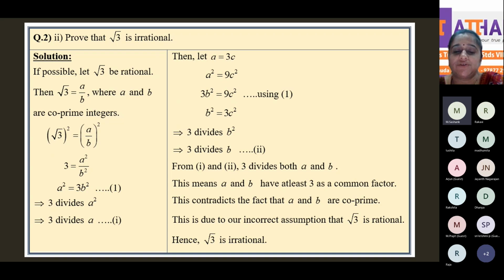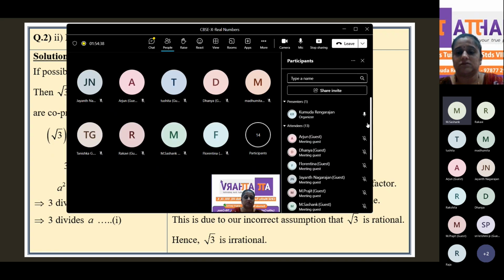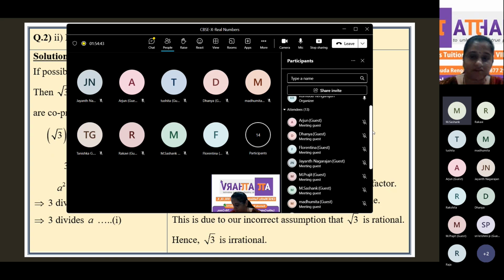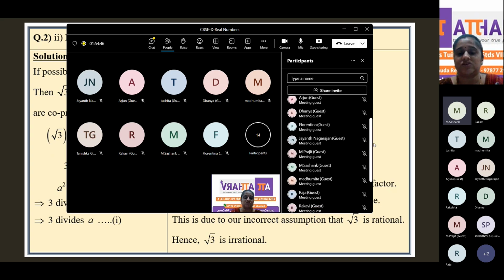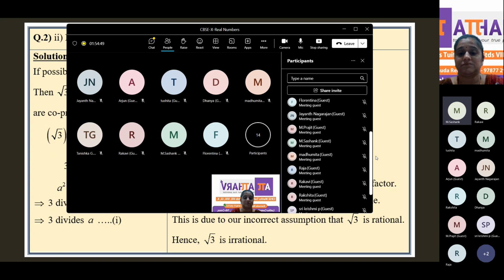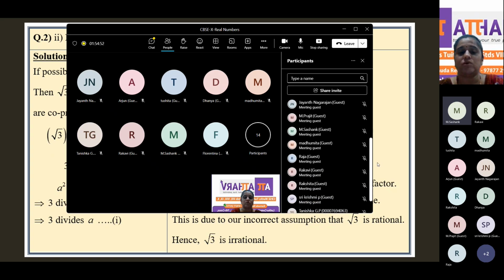No, I've not received the pictures from all of them. So I'll read out. I've got it from Raghavi, Prajit, Arjun, Rakshita, Ritika, Madhumita, Tanishka, Tushita, and Sashank. Who are the others who have not sent? Prajit is sending now. Florentina, Raja, you don't have a phone now, Raja?